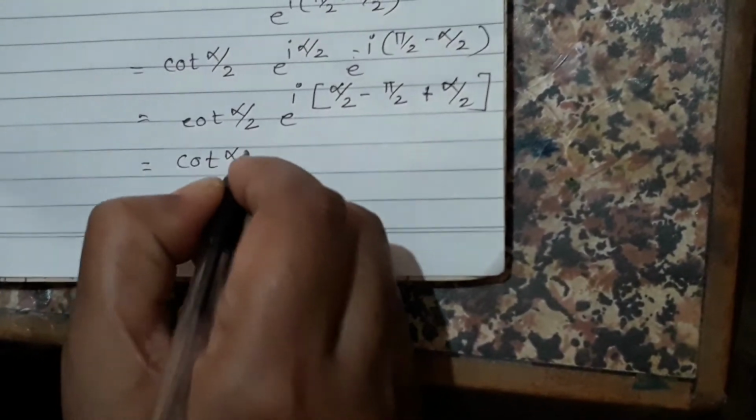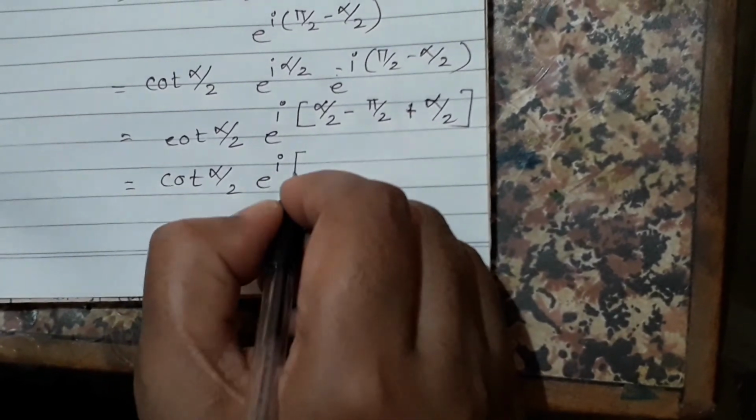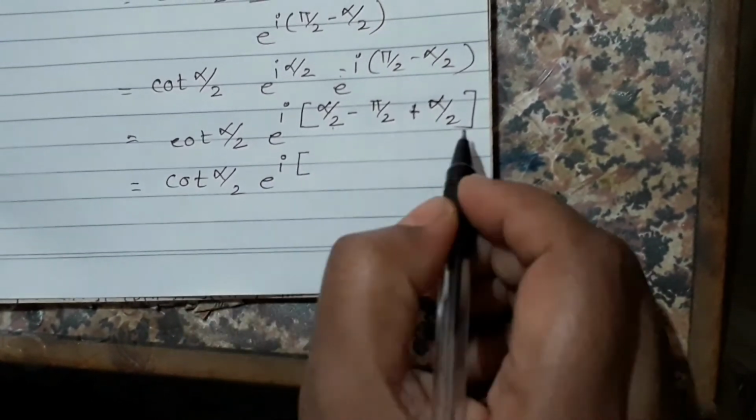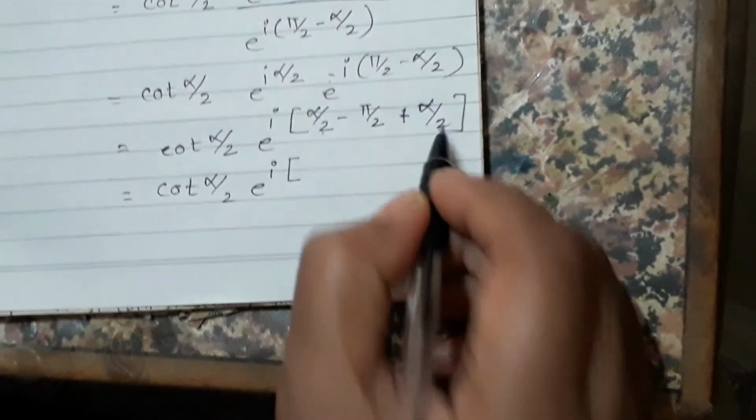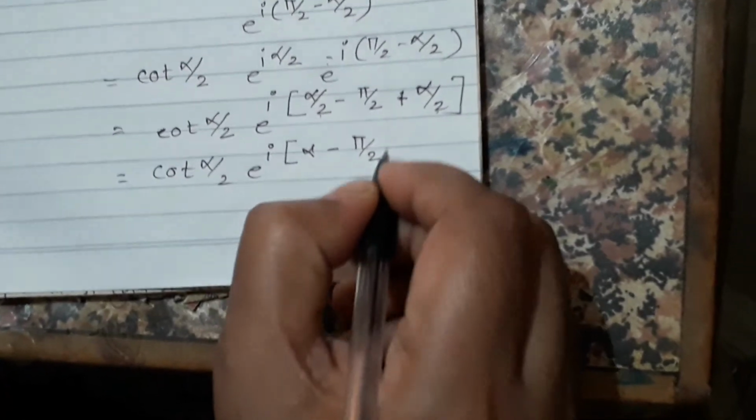So cot of alpha by 2, here is e raised to the power i, we take common. As we know that alpha by 2 plus alpha by 2 is nothing but alpha, so it can be written as alpha minus pi by 2.